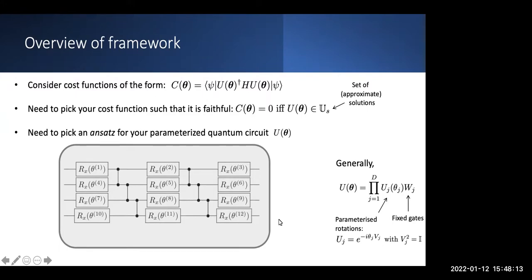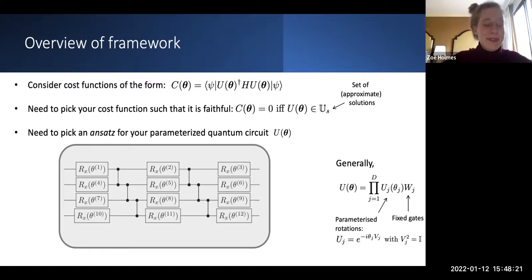Zoe, Soria had a question in the chat. Is there a specific reason for 0 to be the faithful condition? No, not at all. You just need it to be the minima, strictly. It was simpler to state this for the purpose of the talk, but you're completely right, it doesn't need to be 0.